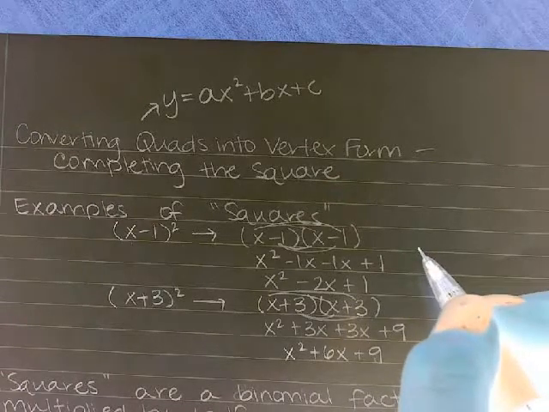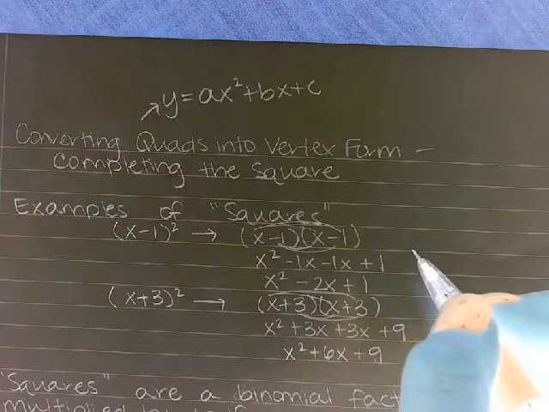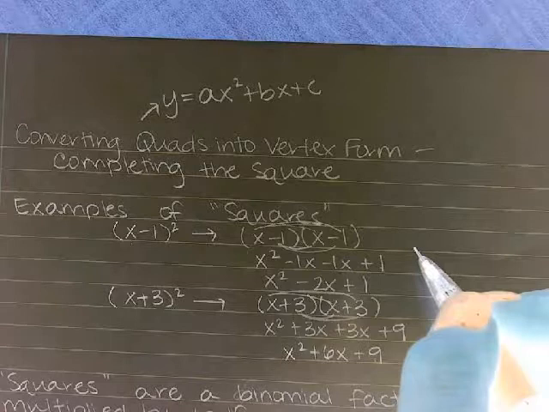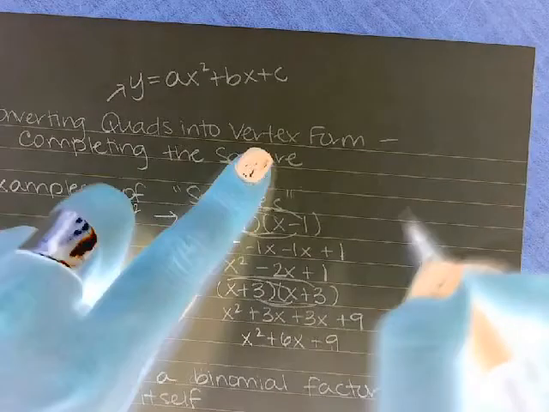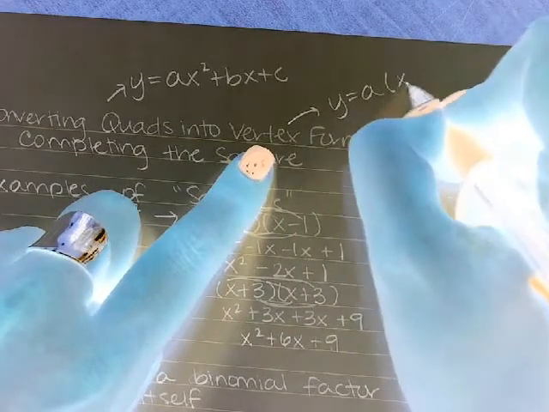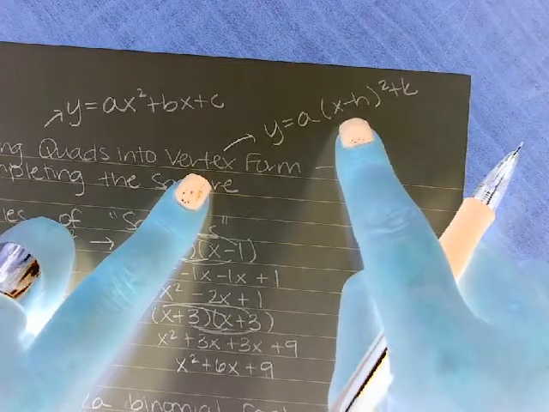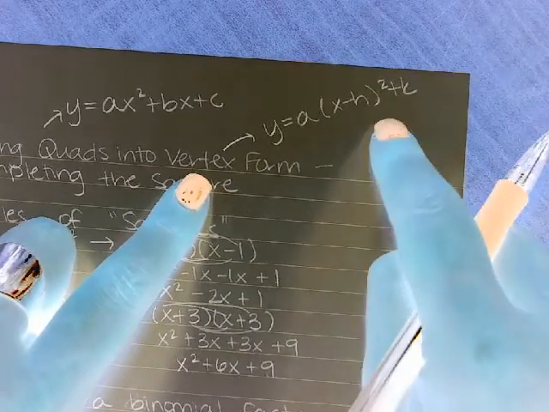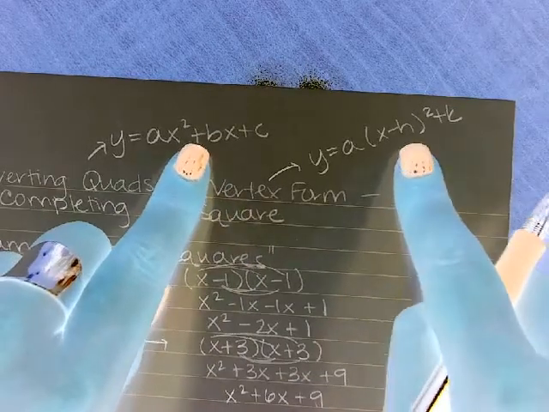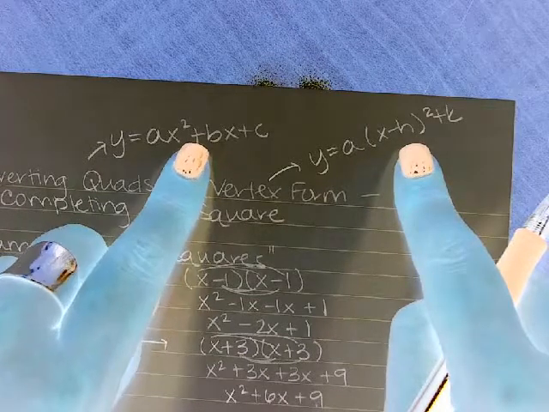It doesn't tell us what our vertex is, and it's really hard to find the increasing and decreasing intervals or the domain and range or all that stuff that we've been finding unless we have it in vertex form, okay? So the vertex form is y equals a times x minus h squared plus k. So you can actually see in the vertex form we have a completed square in there. You guys see that? So the process that we use to get from here to here is we complete the square. That's how we convert the two forms. Does that make sense?